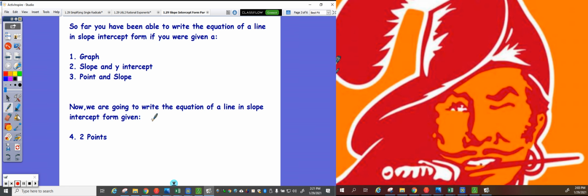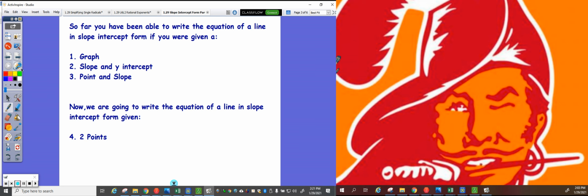So far, you should be able to write the equation of a line in slope-intercept form from a graph. If I give you a slope and a y-intercept, a point and a slope, you can use point slope or slope-intercept form. And now we're going to do 2 points. All right?